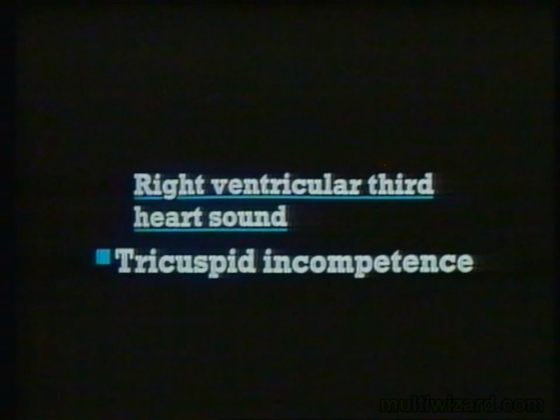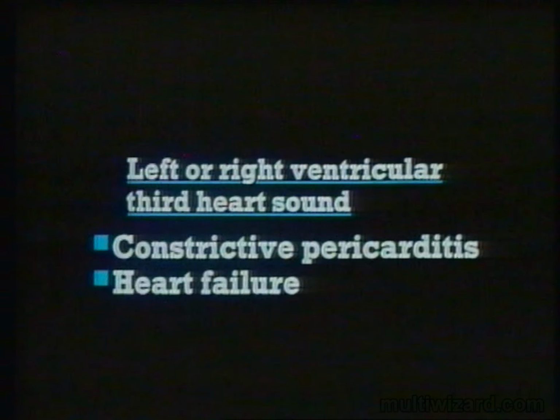Similarly, a right ventricular third sound may occur in association with tricuspid incompetence. Constrictive pericarditis and heart failure from any cause may give rise to either a left or a right ventricular third heart sound. Let us now listen to an example of a third heart sound.